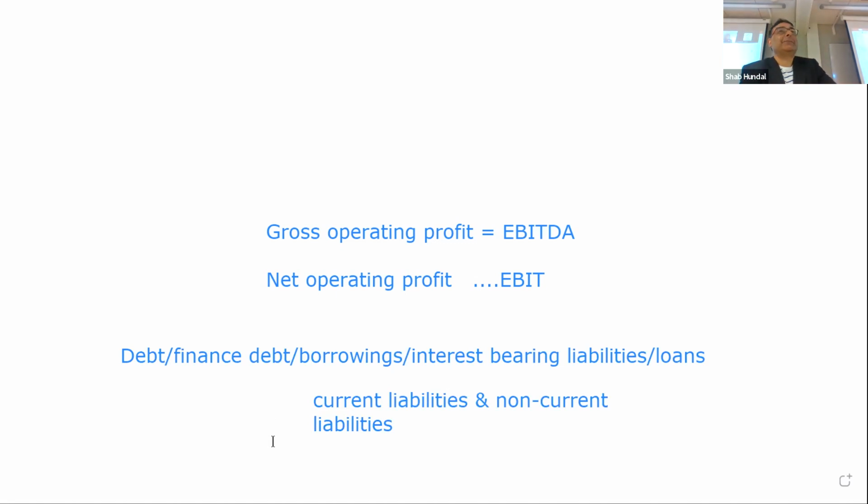Now, it may sound a little bit controversial, or it may invoke many questions. When we talk about the finance debt, we only take the non-current finance debt. We don't include, for the calculation purpose, the current finance debt. The reasoning behind the exclusion of the current finance debt is that, why you have capital, why you have equity, why you have debt?